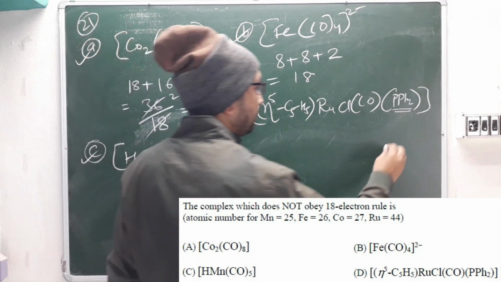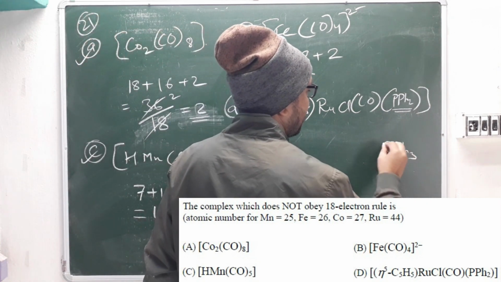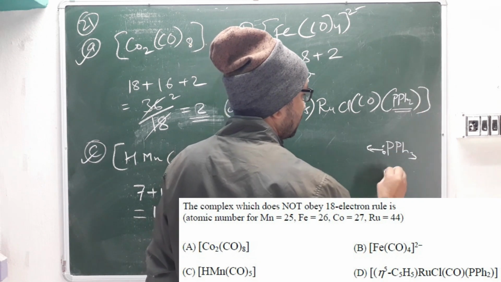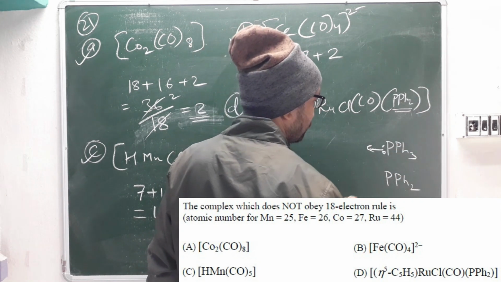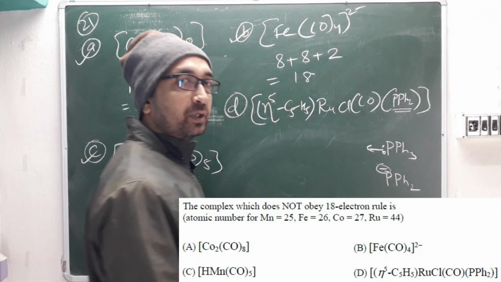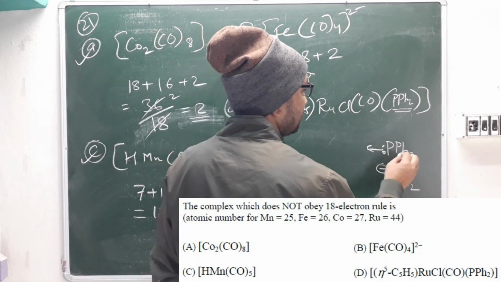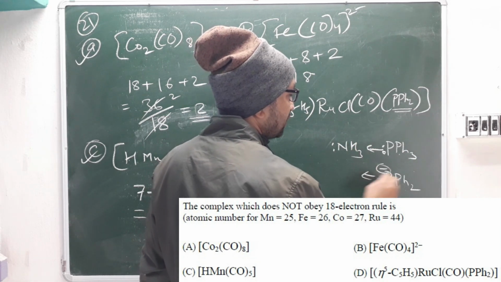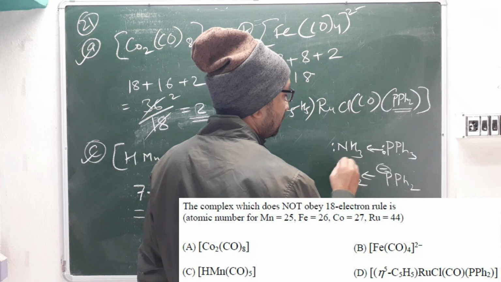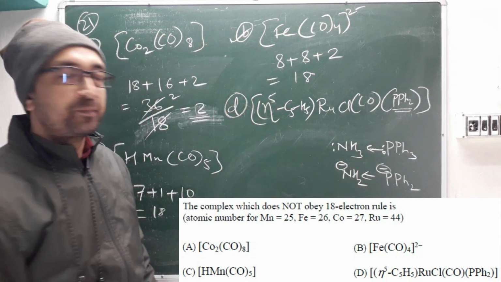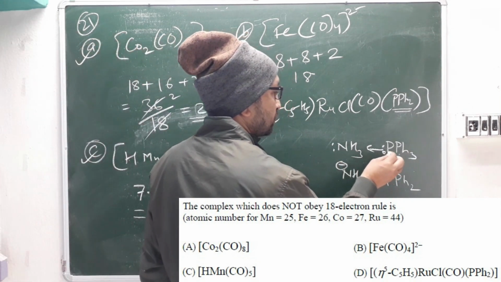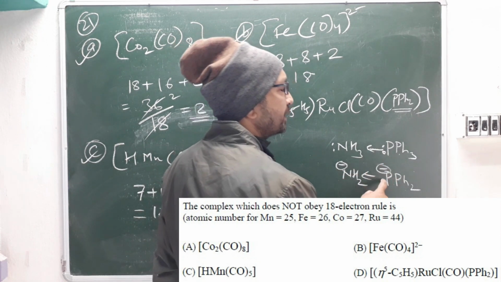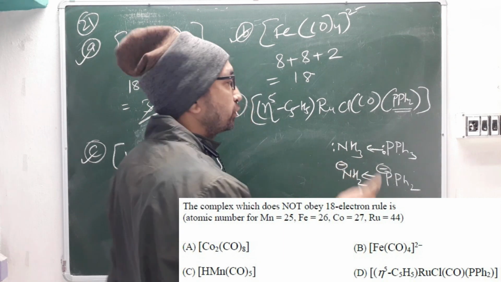If they were asking PPH3, then the lone pair would contribute, right? If they are asking about PPH2, then the minus charge will contribute, correct? It is similar to NH3, where the lone pair is contributing, and NH2, where the negative charge is contributing, right? So if the lone pair is contributing, then 2 electrons are contributing. If the minus is contributing, only 1 electron is contributing, so be careful about that.